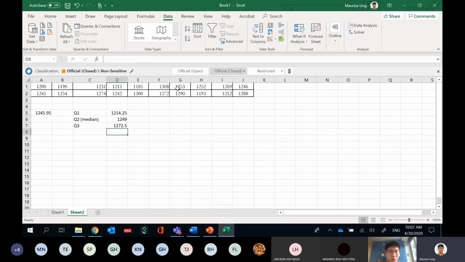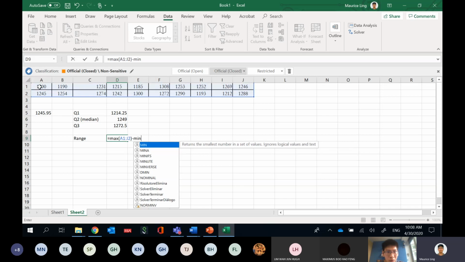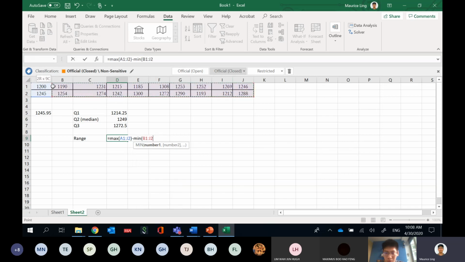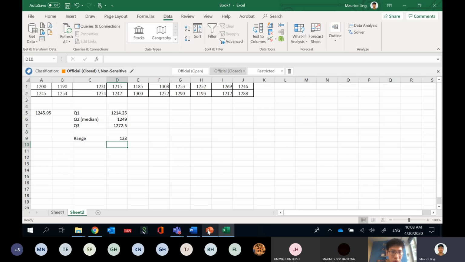Okay, so this is the third quartile, and then your range is just the maximum minus the minimum. Now, I stress very strongly that you have to learn how to use Excel very properly. Excel is very useful. You have to use it correctly and properly.